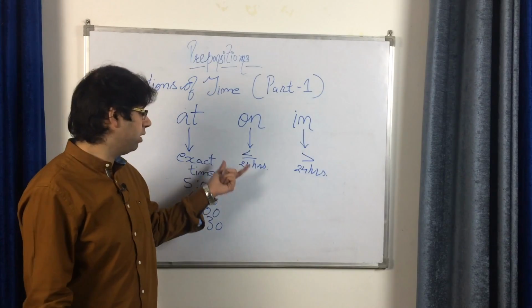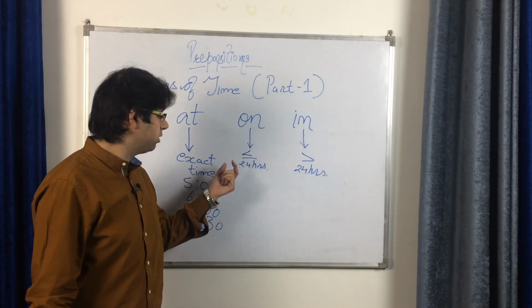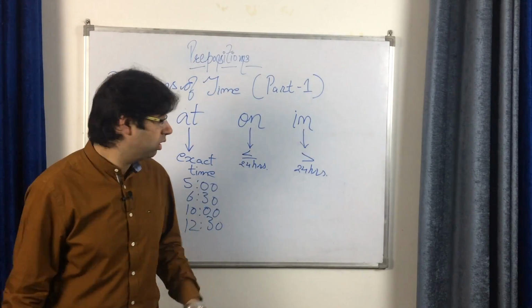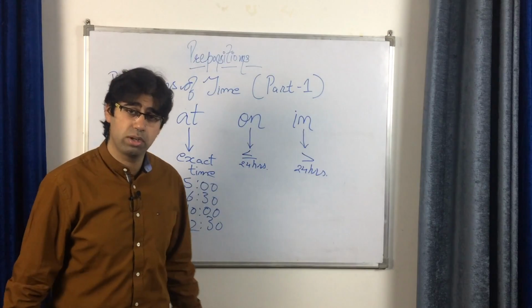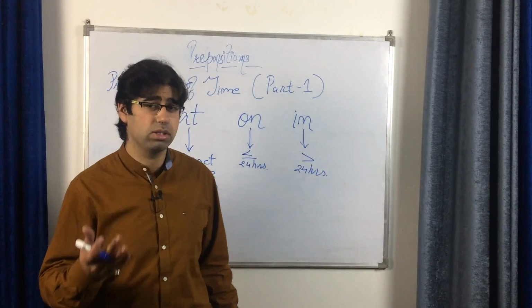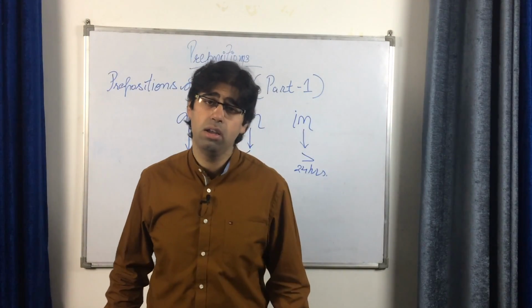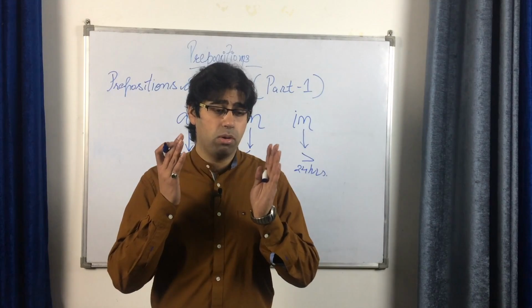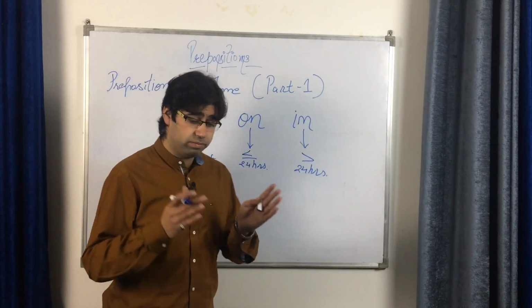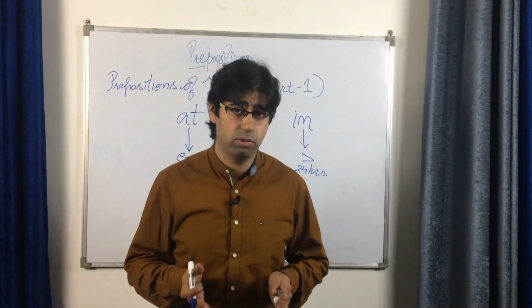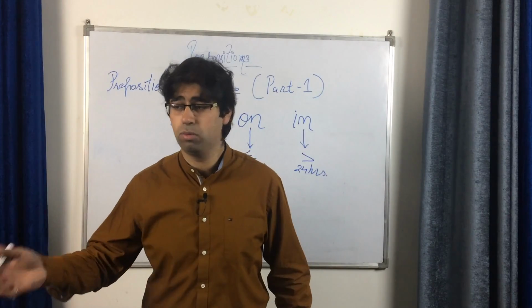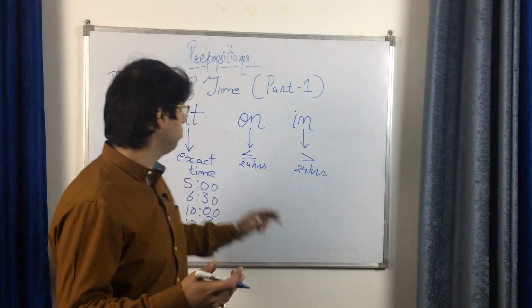As you can see, the time frame reference over here is less than or equal to 24 hours. Let's first discuss what is less than 24 hours. Less than 24 hours can be any quarter of the day. So when I use the name of any day of the week in conjunction with the quarter of the day, I'm going to use on.